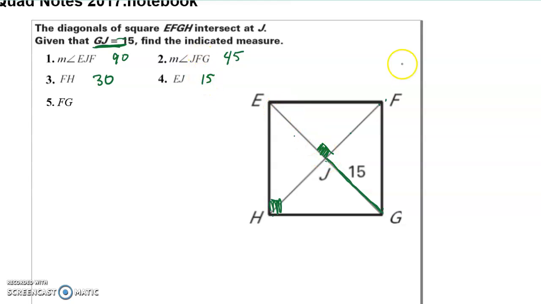Now we get to FG, which is out here, and here's something I want you to realize. In any square, we're only going to have either a large right triangle, right? And these corners are going to be 45. Or I'm going to have a small right triangle in here, and these are going to be 45.